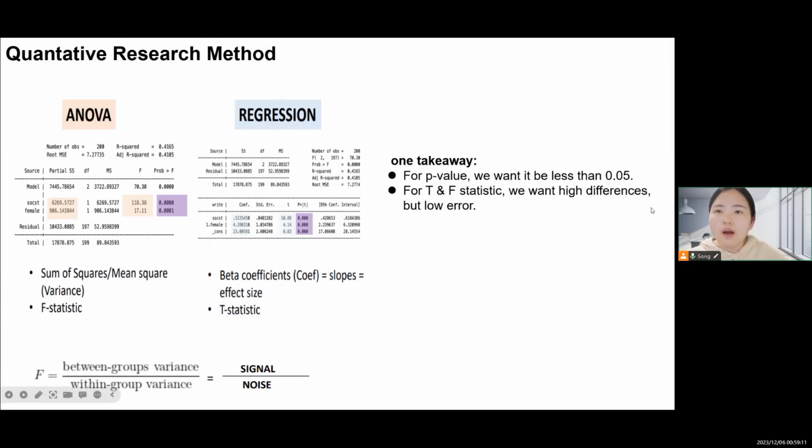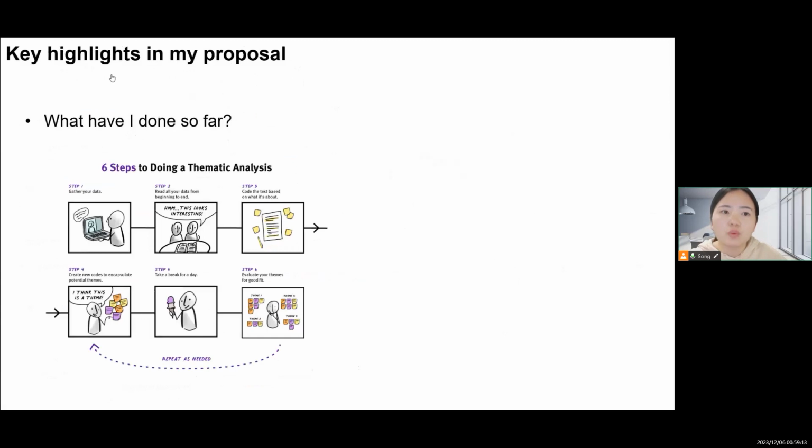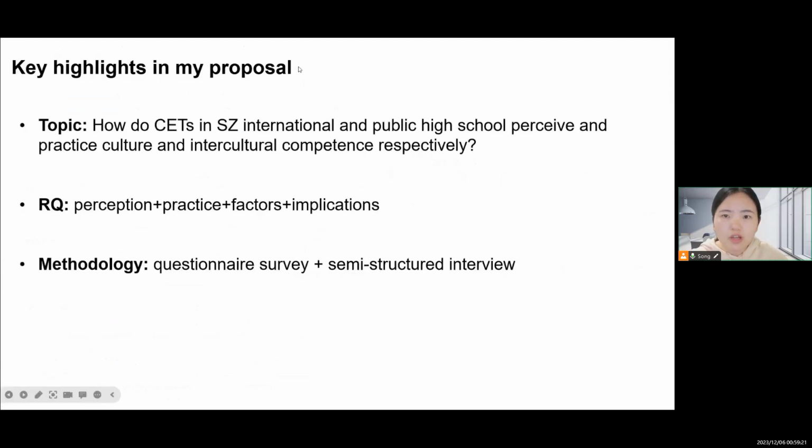Now I'm going to move on to my proposal, illustrating the key highlights. Question one: what is my topic? My topic is how Chinese English teachers in Shenzhen International and Public High Schools perceive and practice intercultural competence, respectively.